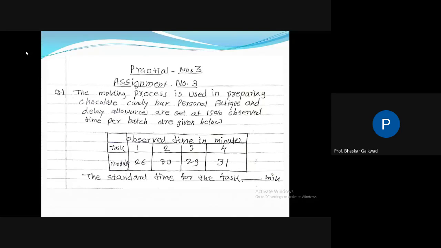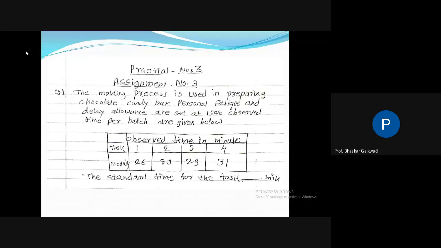What is actually linear programming and the problems related to this? Introduction to linear programming is our chapter number 4, and a related assignment will be there. So after this assignment 3, we'll go to assignment 4. Once again, in your link, you will get this assignment.